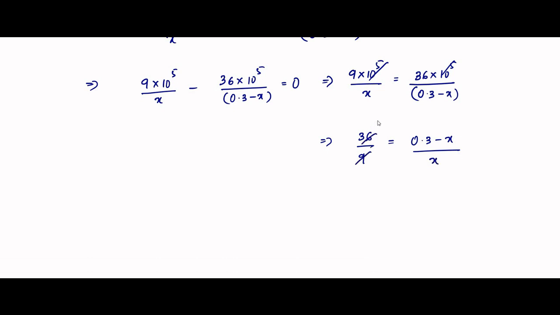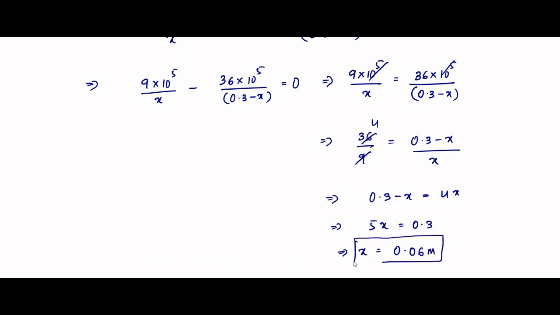This becomes 4. That implies 0.3 minus x is equal to 4x, cross multiplication. That implies 5x is equal to 0.3. That implies x is equal to 0.06 meters.